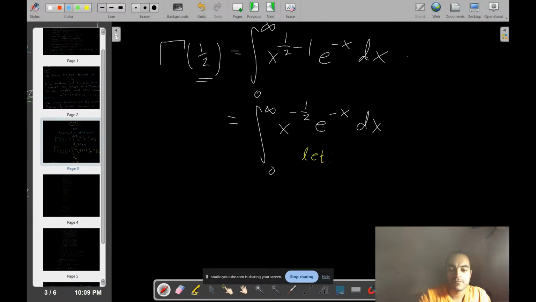Let u squared equal x. I'm going to explain after why this works. U squared is equal to x.